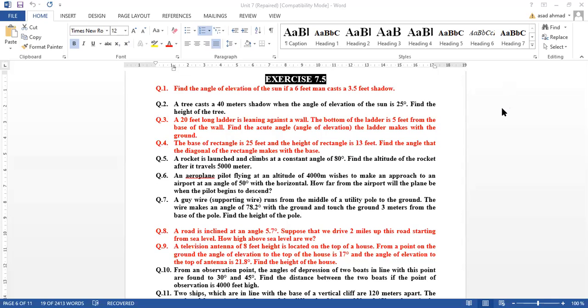So first of all, we will transform question number 4 into the form of a diagram. For this question, we will first draw a rectangle. You can see that it is a rectangle and we have to draw a diagonal.